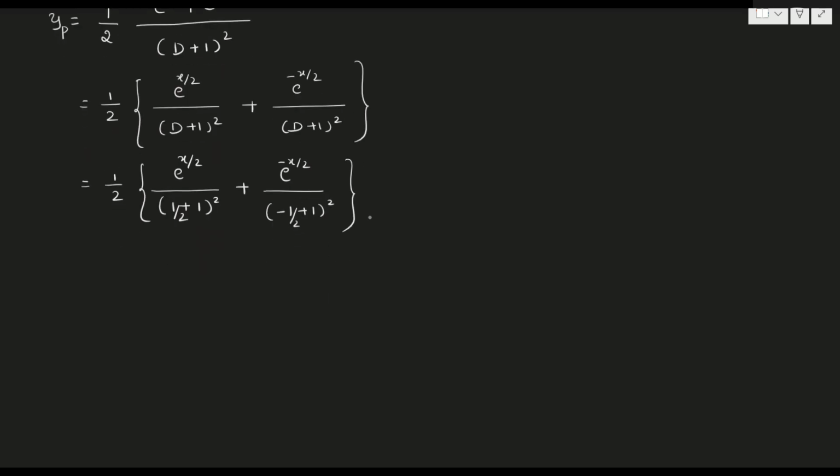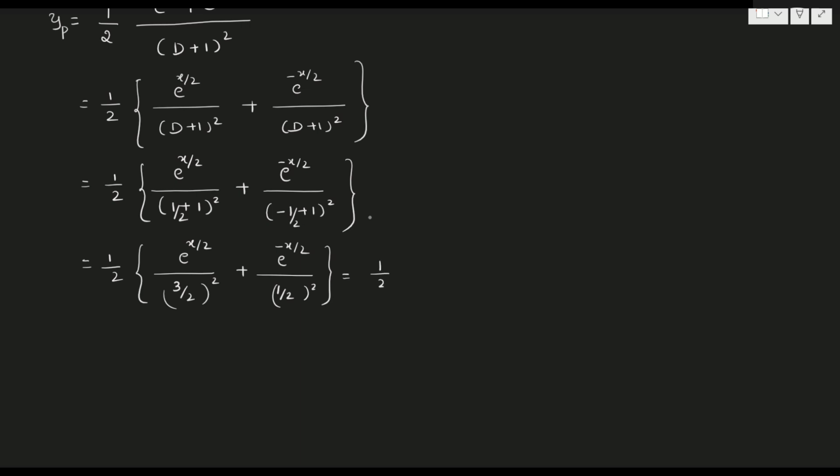So when you simplify further, what will you get? The numerator is as it is, e raised to x by 2. In the denominator, 1 by 2 plus 1 is 3 by 2, whole square, plus here e raised to minus x by 2 divided by minus half plus 1, which is plus half, whole square.